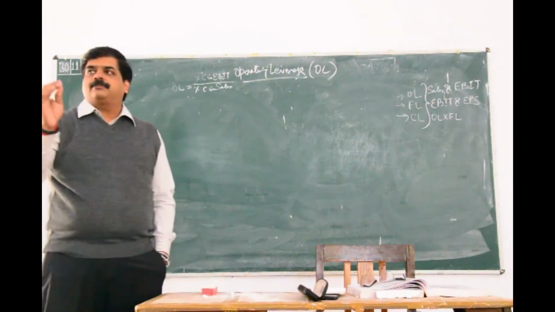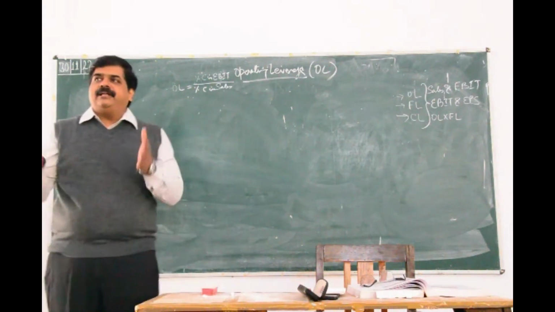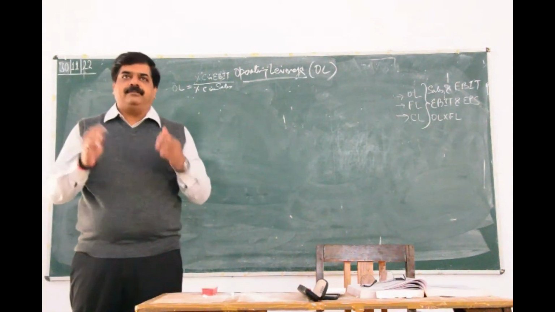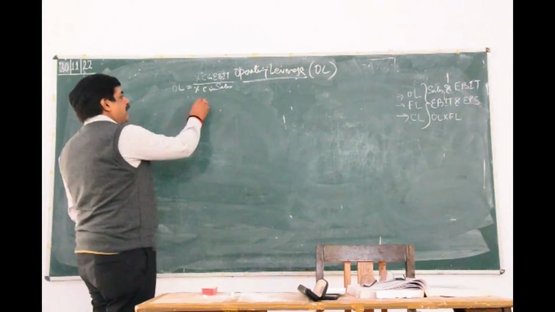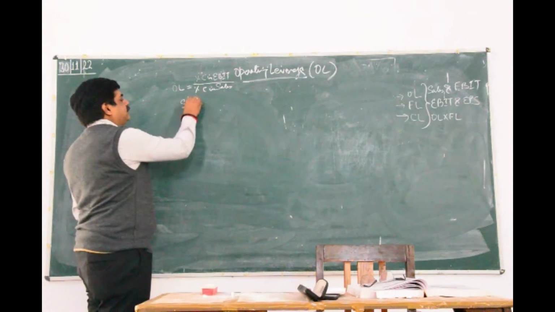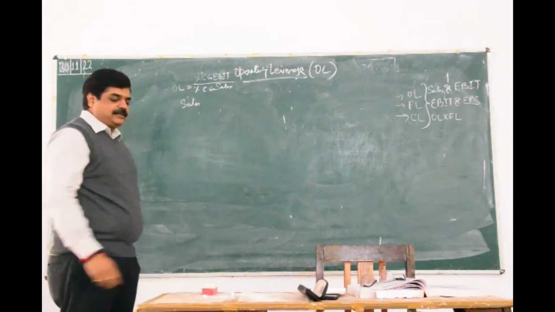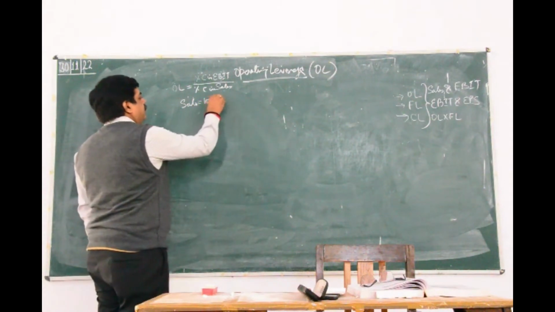Now we take up a small example. Suppose we try to discuss the operating leverage with the help of an example. Here we consider a company that has a sale of 1,000 units.